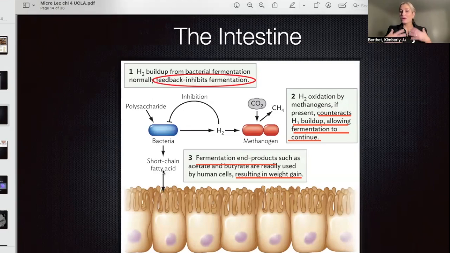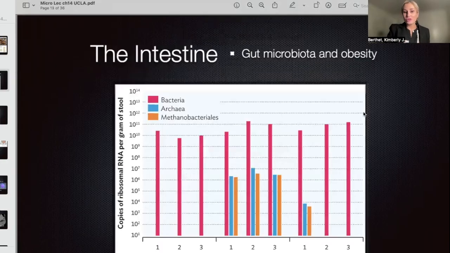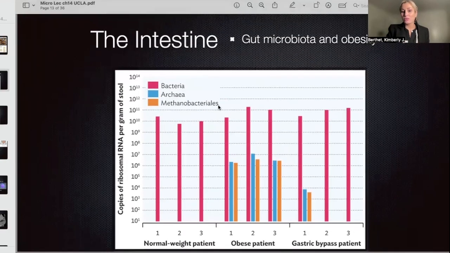As we ferment and build up hydrogen gas to a certain amount, it will inhibit additional fermentation. So we will stop making more calories for our body. Our body learns to train itself. If we make too much hydrogen gas, the body will stop fermentation. We don't need any more of that fermentation. We have enough calories. But again, we saw methanogens in people who may be struggling with obesity here.